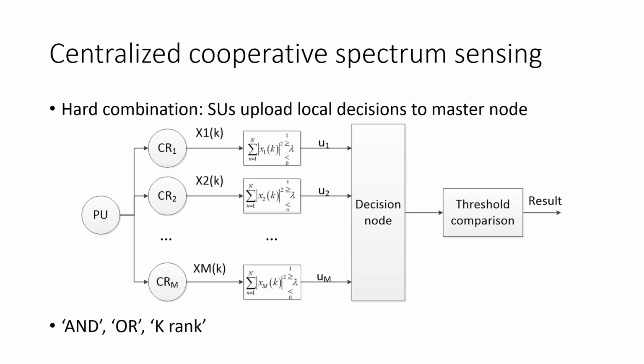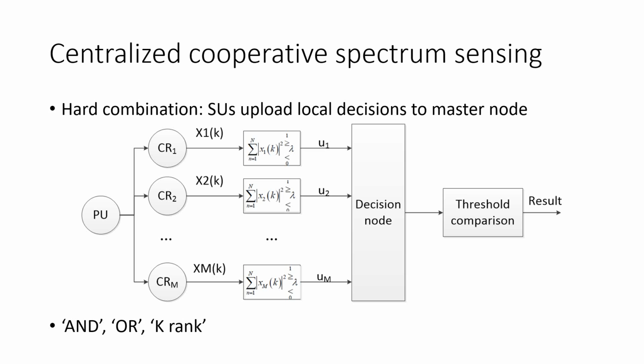And the master node will make decisions based on several principles, such as the AND principle, the OR principle, and the K-rank principle. The AND principle means that the master node will decide the primary user is present only when all secondary users decide the primary user is existing.